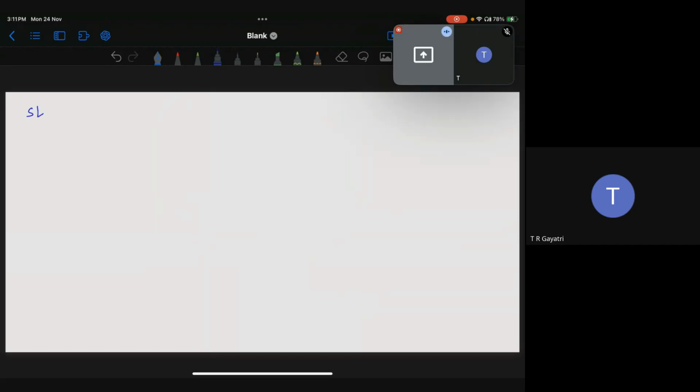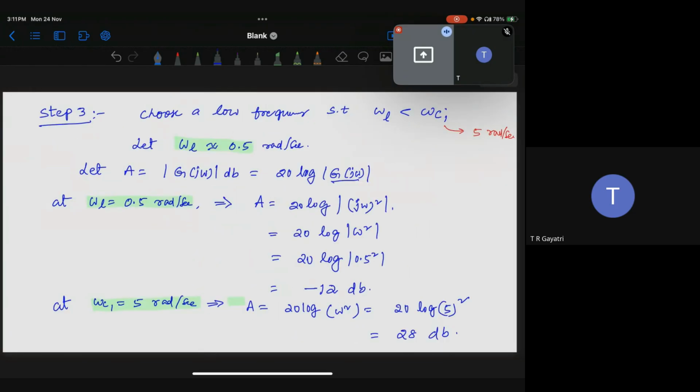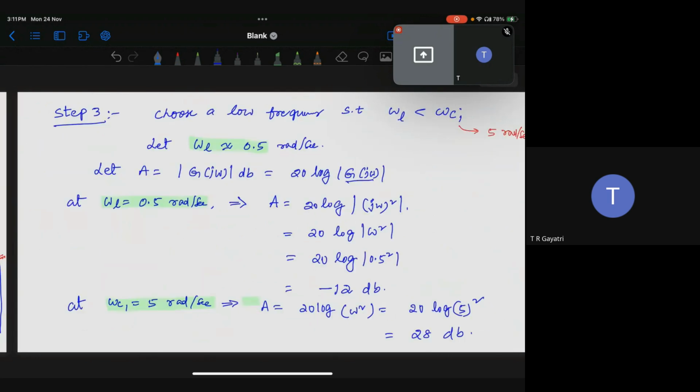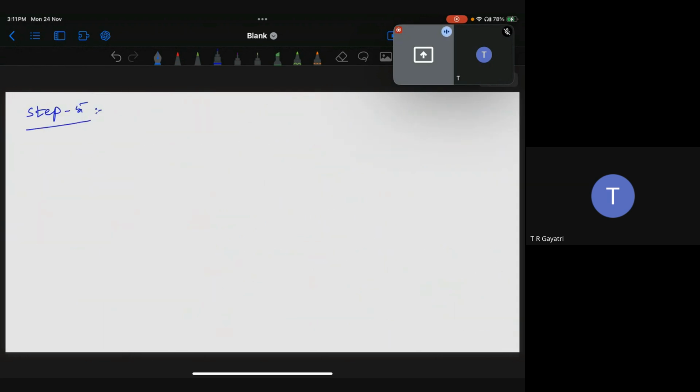Next is step 5. So now we've already reached omega C2. Omega C2 is the last one in our table. But we have to do the calculations here for all the omegas. So after omega C2, we choose a high frequency value, omega H, which is far greater than omega C2.